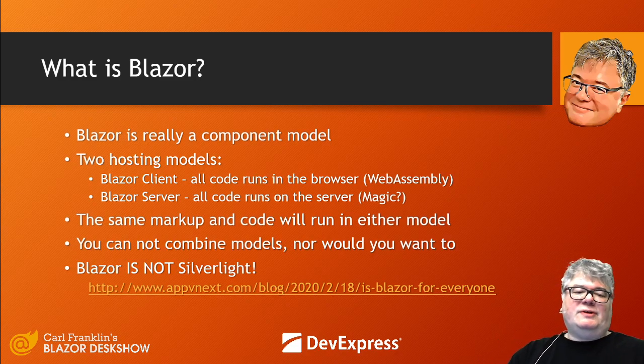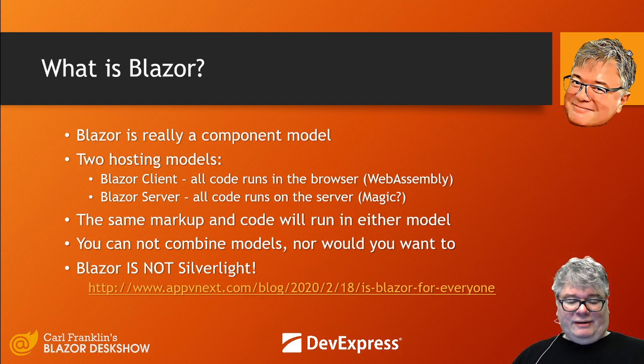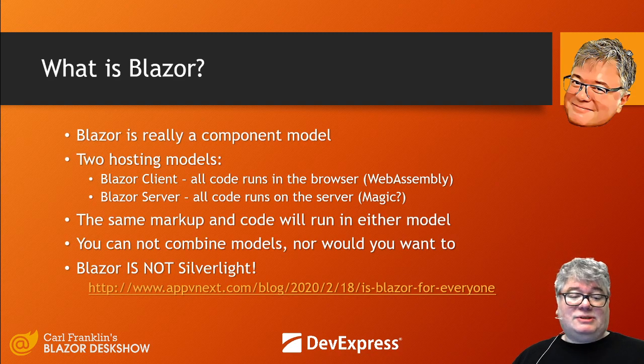I can see why people would conflate Silverlight's past with Blazor WebAssembly's future, because they both kind of achieve the same end goal, which is C# code running in the browser against markup. The biggest problem, or the only problem Silverlight had, was that the only way to make it work at the time of Silverlight was through the plug-in model that browsers supported.